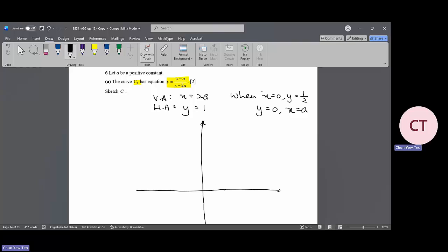Okay, so this is 2a, your vertical asymptote, and this is the horizontal asymptote y equals 1. This is a half. So your graph will be like this and like this.